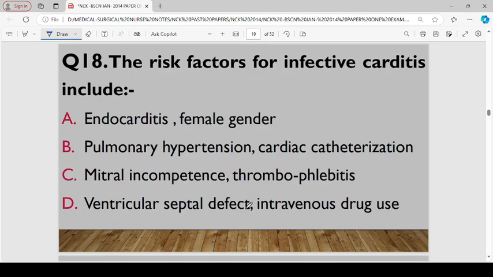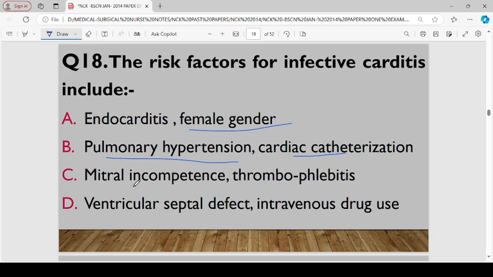The risk factors for infective carditis include... I think the best option here, because gender is not a direct cause or a risk factor. Pulmonary hypertension, not really, because catheterization, of course, might introduce microbes.